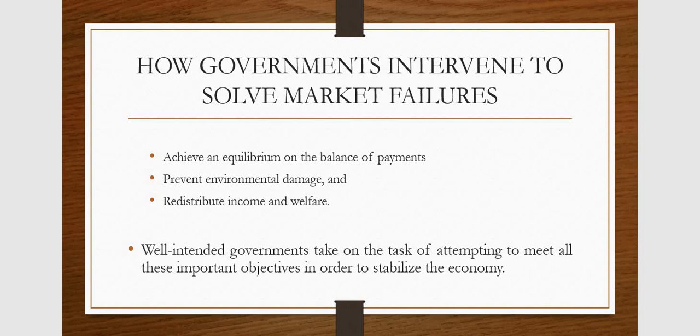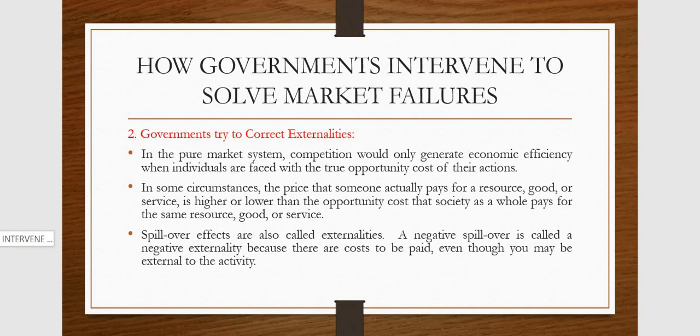And so let's move on to the next one, how governments intervene to solve market failure. So we are done with the first one, that is achieving economic goals. The first one was governments strive to achieve economic stability.